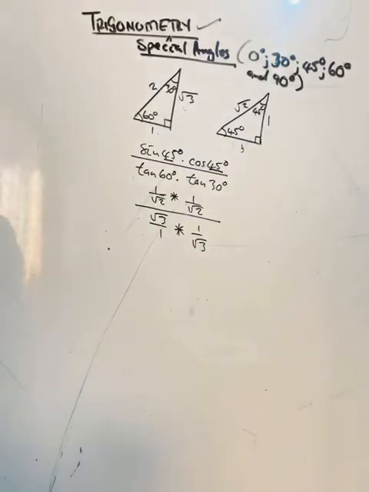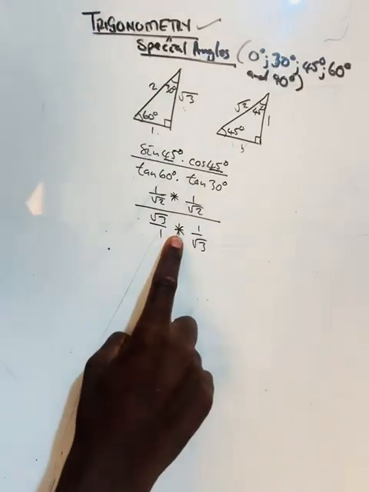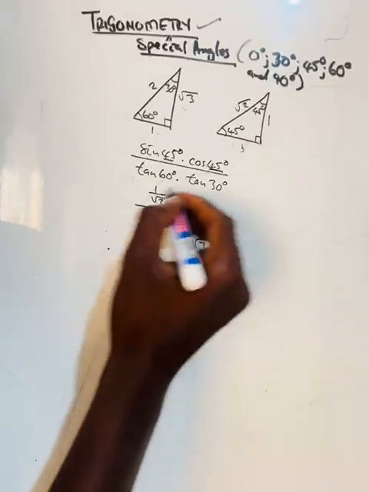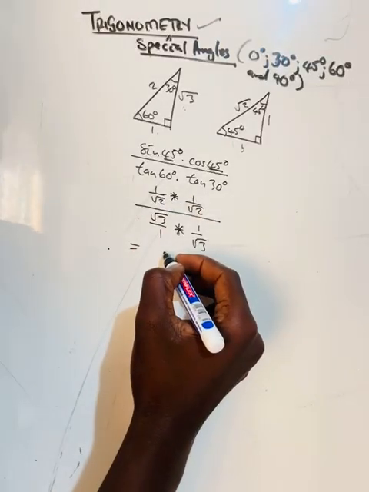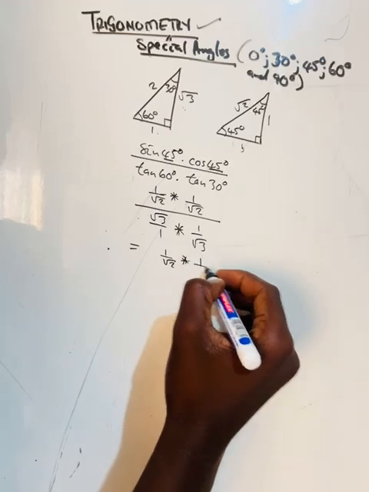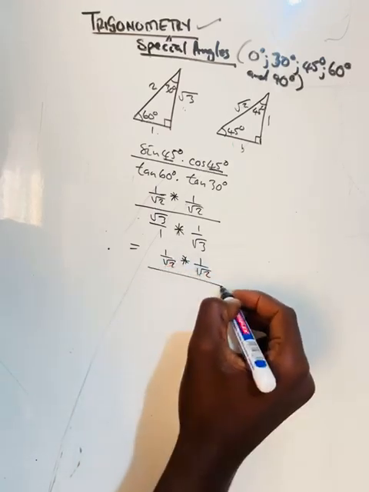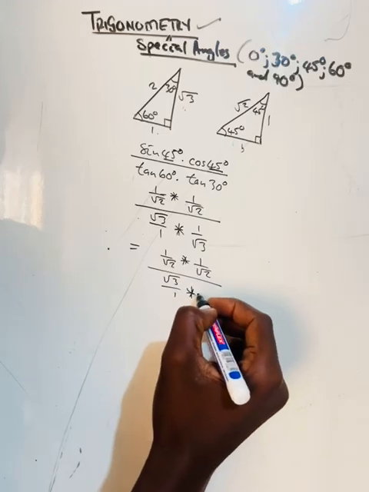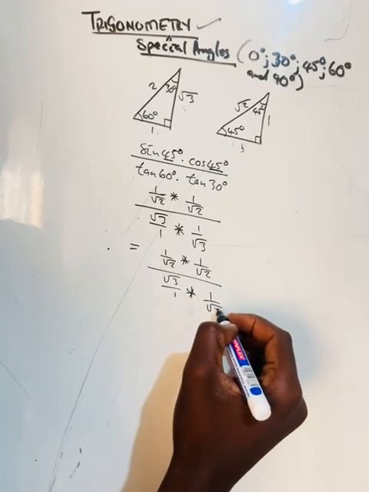Then, from this stage, already I can see the operation sign is saying multiply. And these two, they are common. So I rewrite this fraction: 1 over square root of 2 multiplied by 1 over square root of 2, all over square root of 3 over 1 multiplied by 1 over square root of 3.